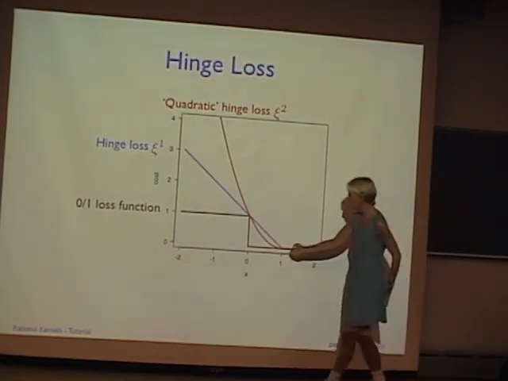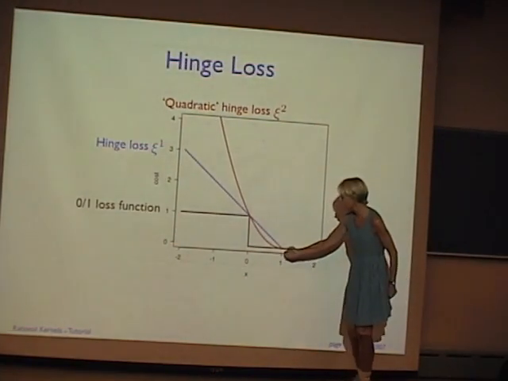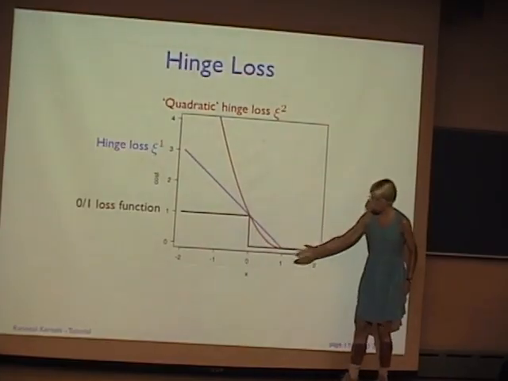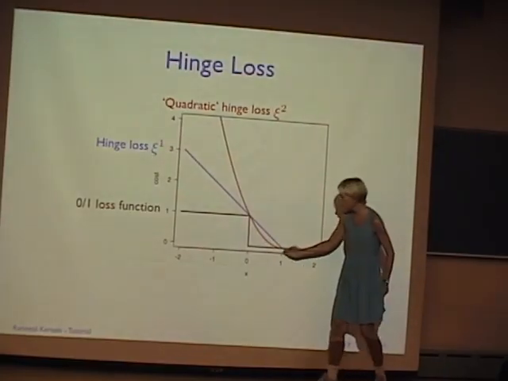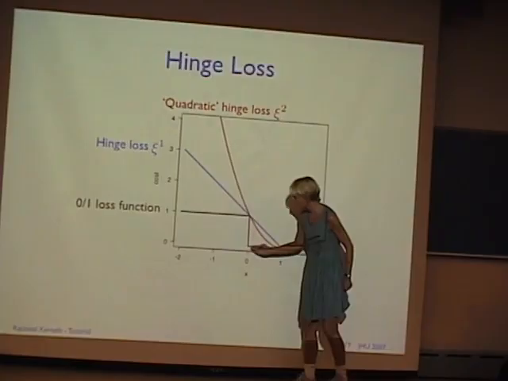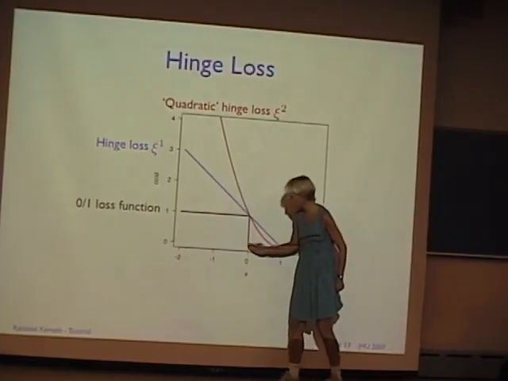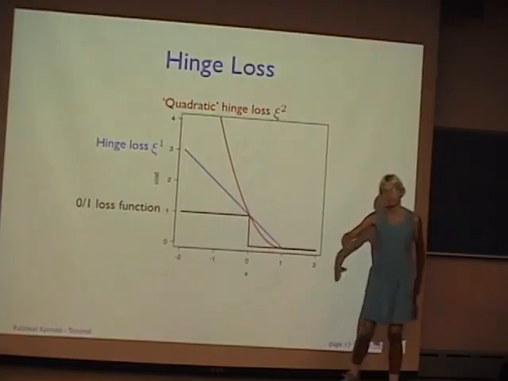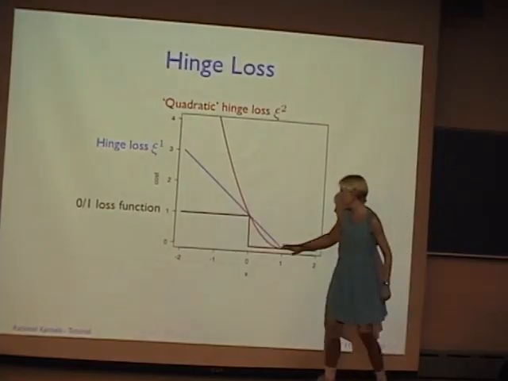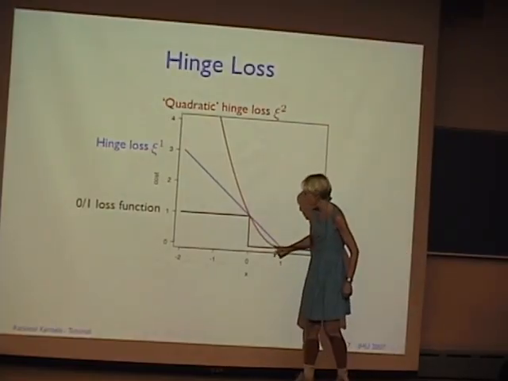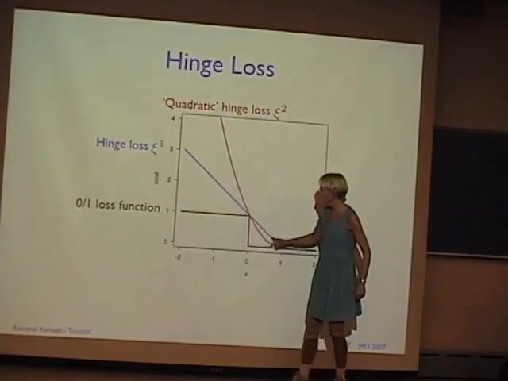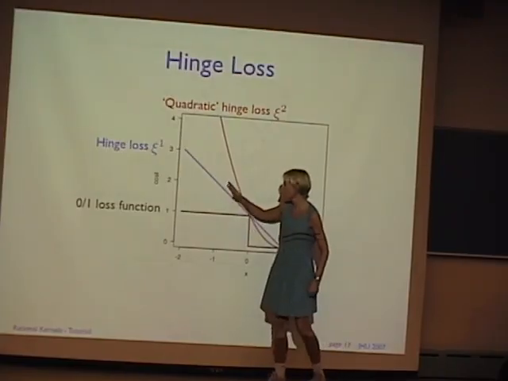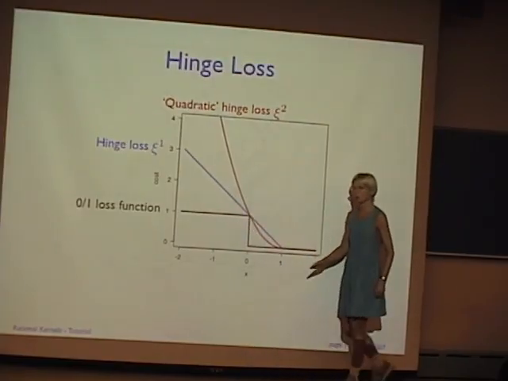Here we have a point x that's lying right on the surface omega x plus b equal to 1. And it actually isn't an error until it gets past the line omega x plus b equals 0, where it changes sign. And the hinge loss actually already starts penalizing it on its way down to 0, and it's always upper bounding the 0-1 loss function.